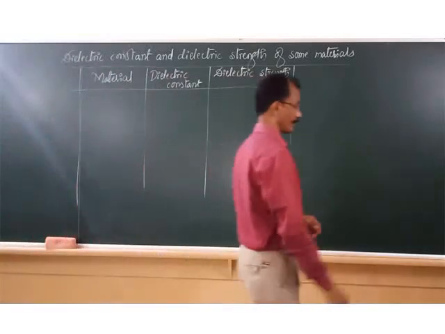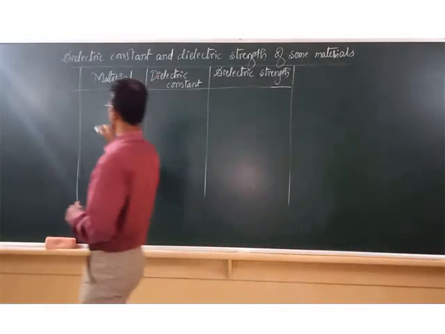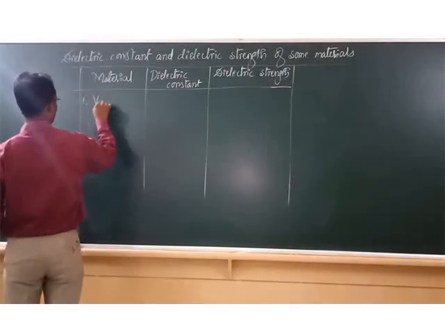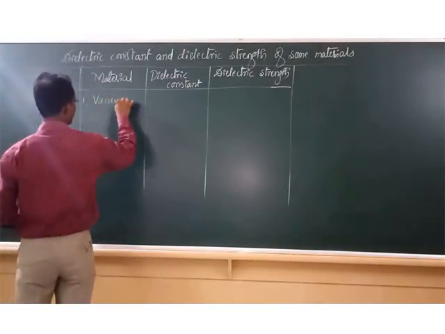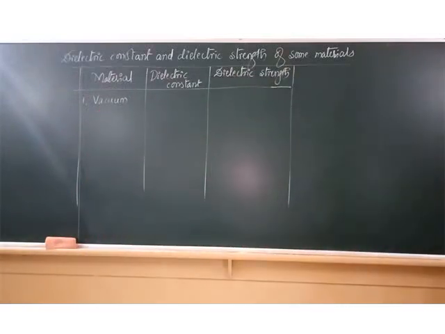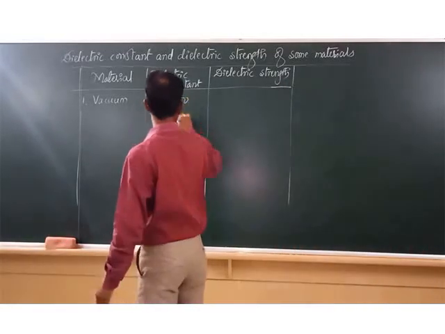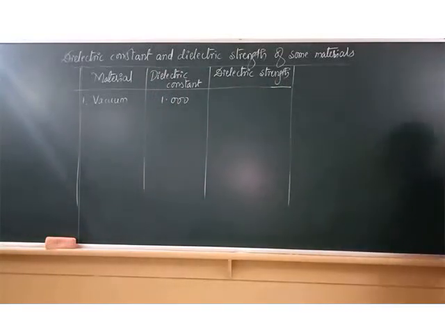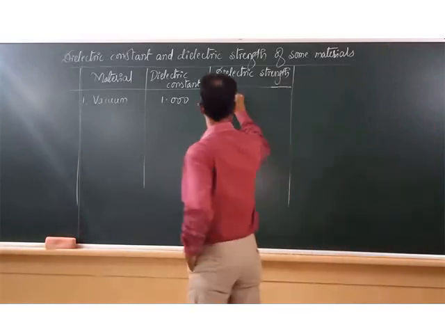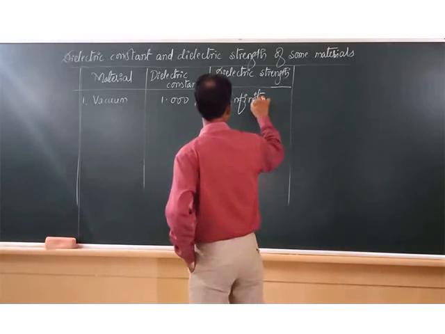Material, dielectric constant and dielectric strength. The first material is vacuum. For vacuum, the dielectric constant is 1.000. For vacuum, the dielectric strength is about infinity.